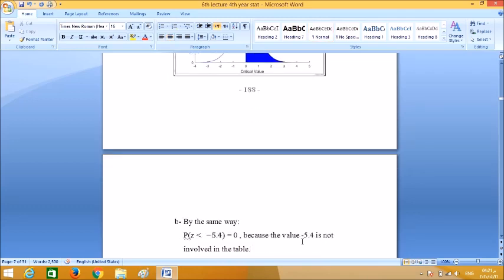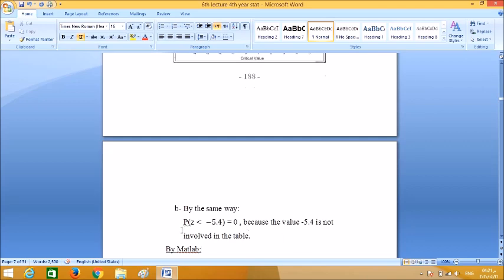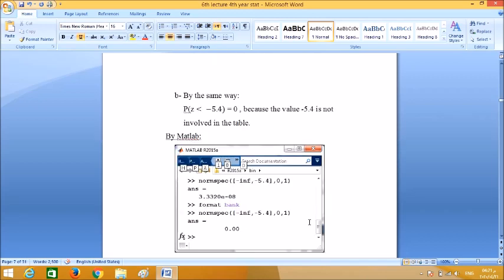For part B, in the same way, the probability that z is less than minus 5.4 equals 0, because the value minus 5.4 is not included in the table, okay.